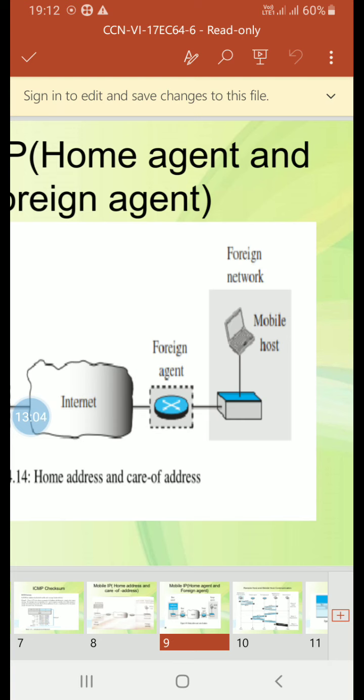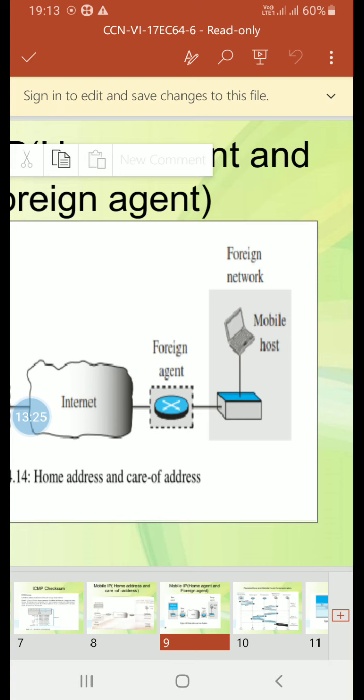A mobile host can also act as a foreign agent. The mobile host and foreign agent can be the same.